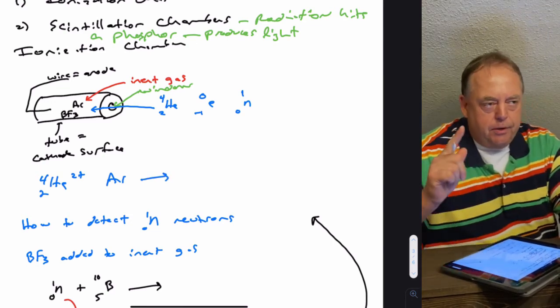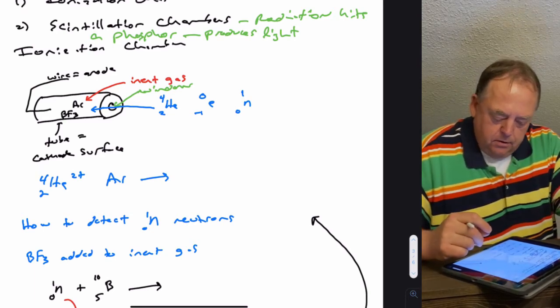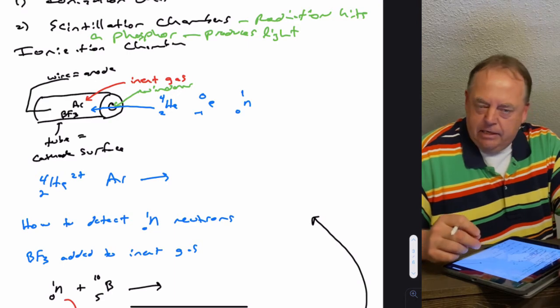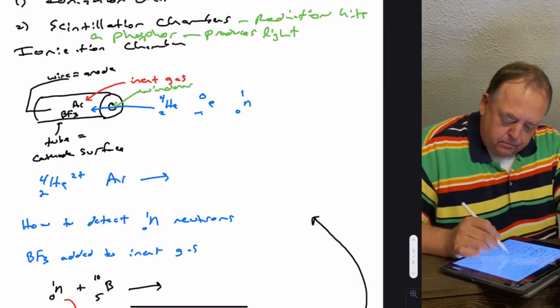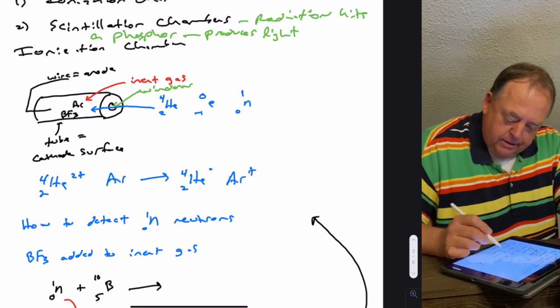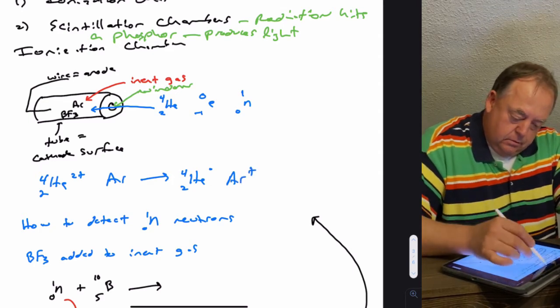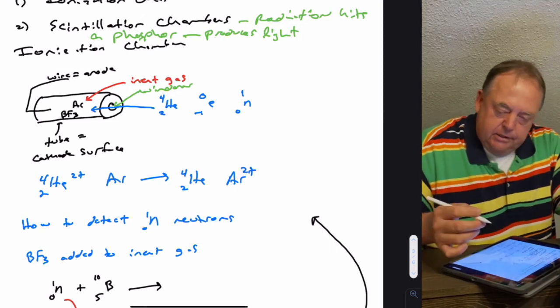Once you go up the periodic table, ionization energy goes down. So it's harder to ionize helium than it is to ionize argon. So what's going to happen is basically helium would take 2 electrons from argon. So you basically ionize argon.